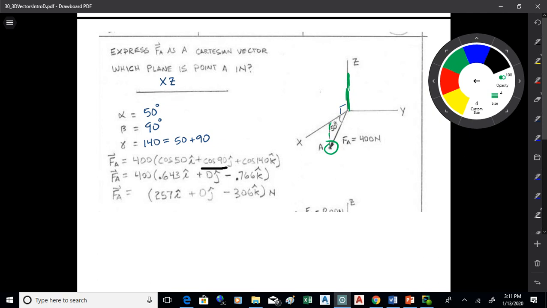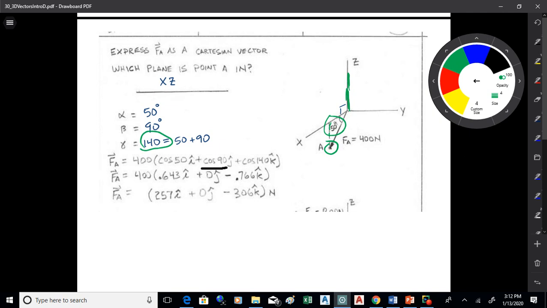That allows you to get the three angles. Alpha is 50 because it makes a 50-degree angle with the x-axis. There is a 90-degree angle between the x and the z. The 50 and the 90 are coplanar, so you can add them up and get 140. That's gamma, the angle with the z-axis. And being as the vector is in the xz plane, the angle from it to the y-axis is 90.